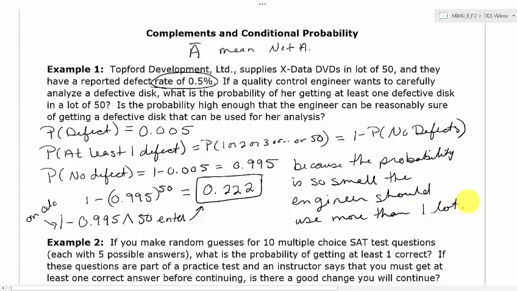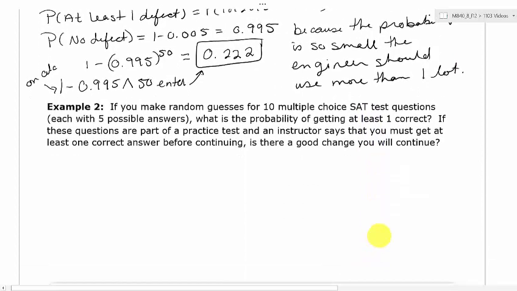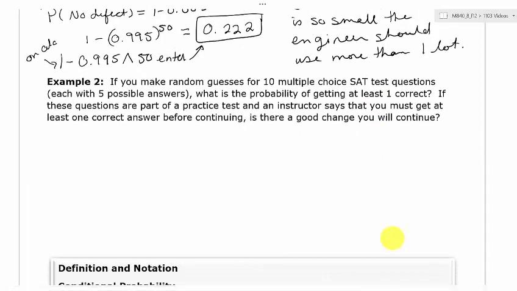Having a 22% chance that you're going to end up with a defective disk is not very high. So I would say that it would be a good idea to pull another box or another lot of disks.